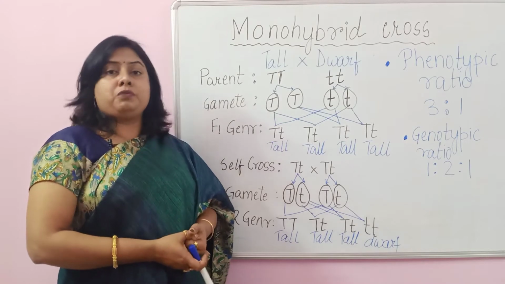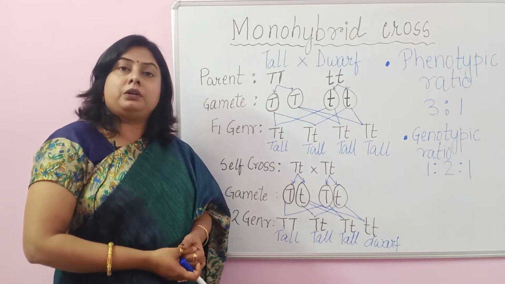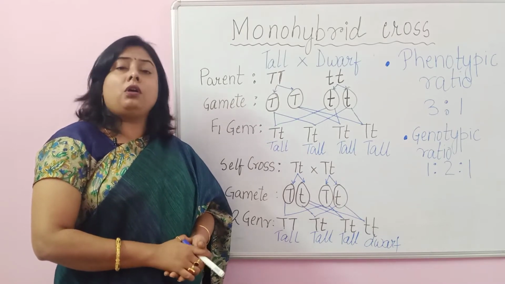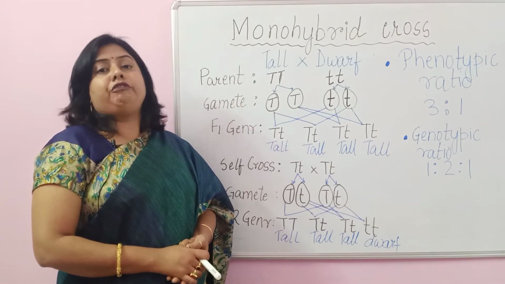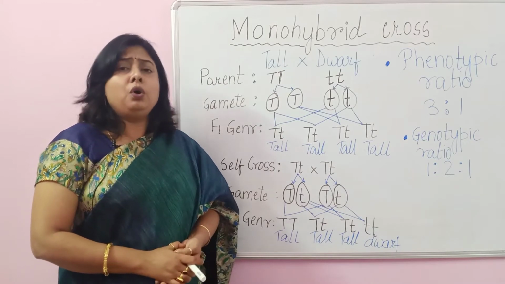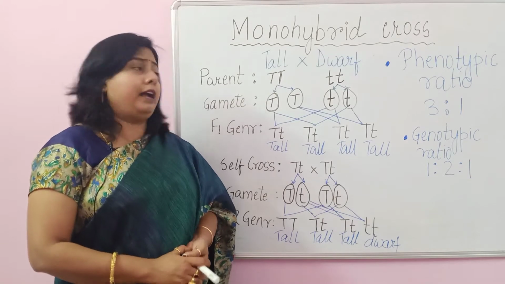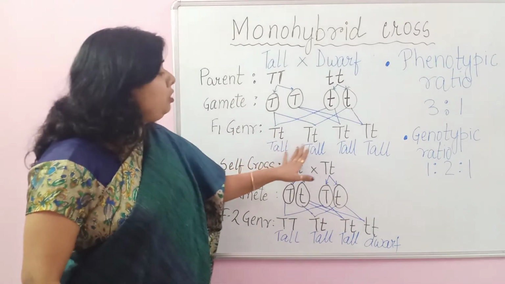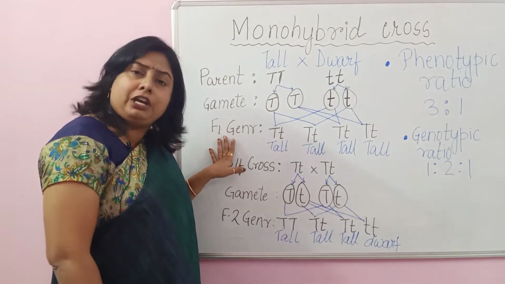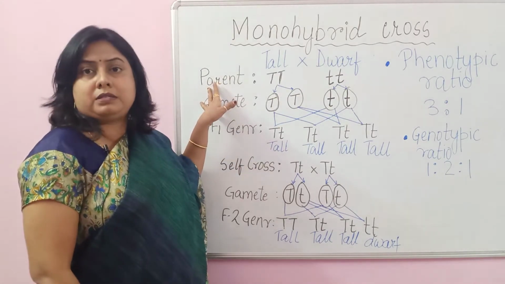In our previous module, I have told you the line of Mendel's work. In the beginning, he got all the pure breeds for the tall plants and dwarf plants. When he crossed the tall plant with the dwarf plant, he found all tall plants in the first filial generation, that is the generation obtained from the parent plants.